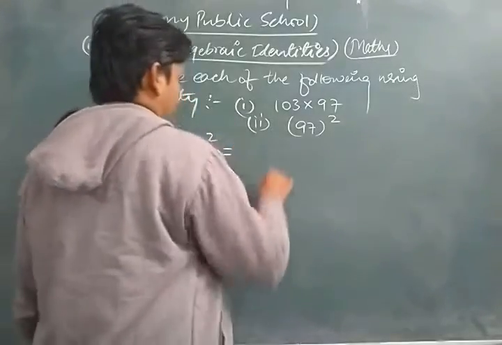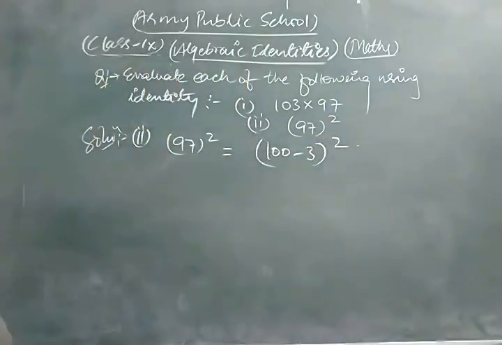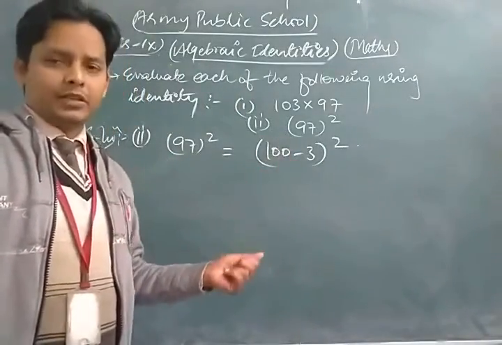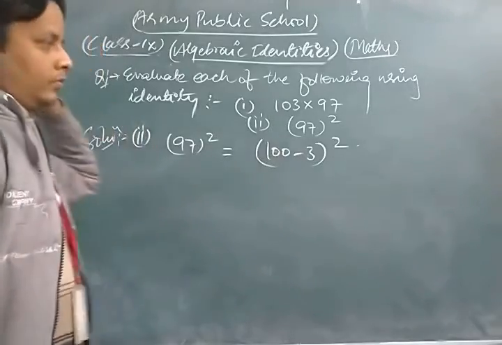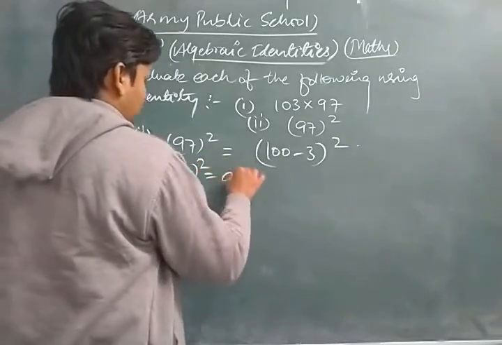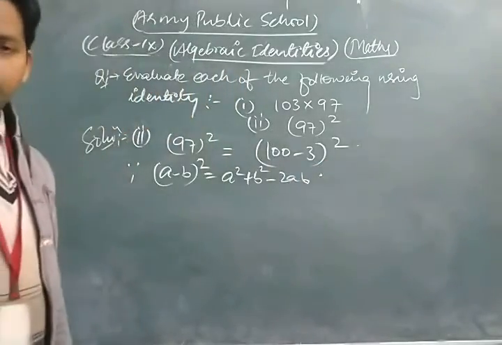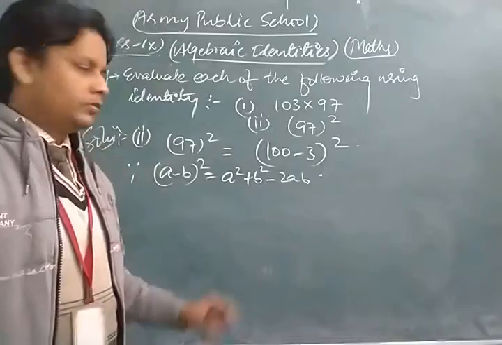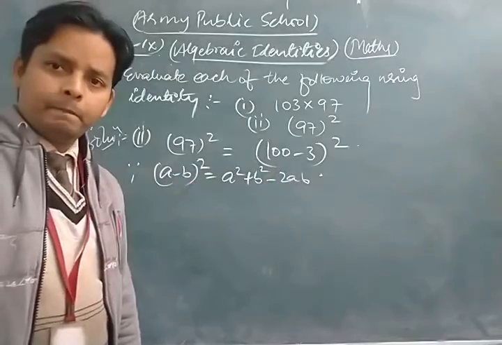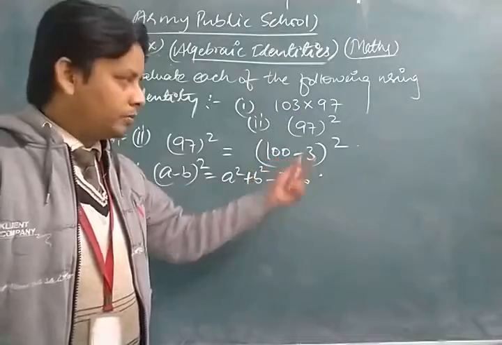We can write 97 as 100 minus 3, and so 97 square is 100 minus 3 whole square. Now look. Since a minus b whole square is a square plus b square minus 2ab, similarly here the value of a is 100 and the value of b is 3.